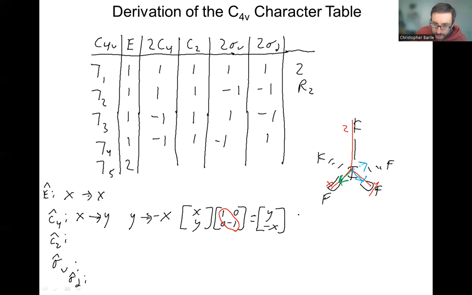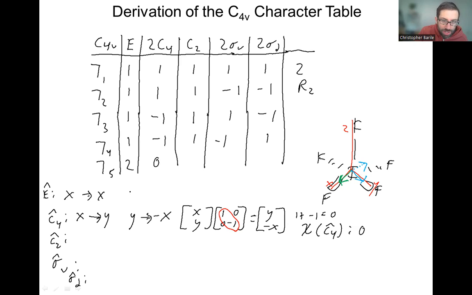And so the character is just going to be 1 plus -1, which equals 0. So we can write our character, or chi is what I like to use, chi of the operation C4, or of any operation in the C4 class, could be C4-3, is going to be equal to 0. So up here, we're going to fill in a 0.